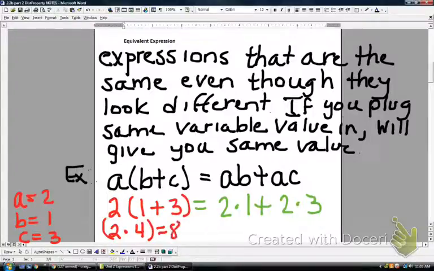So this is 8. And then on the other side, I have 2 times 1 is 2, plus 2 times 3 is 6, which is also 8. So these look different, but when I plug values in for the variables, I get the same answer. That is an equivalent expression.